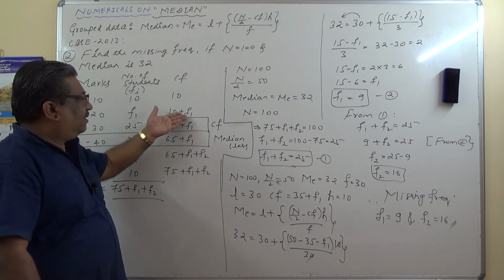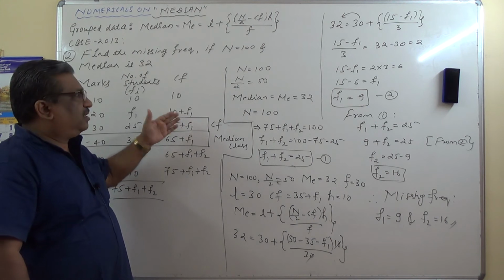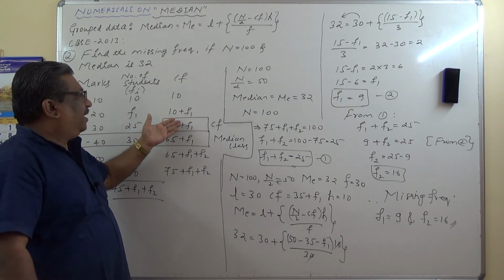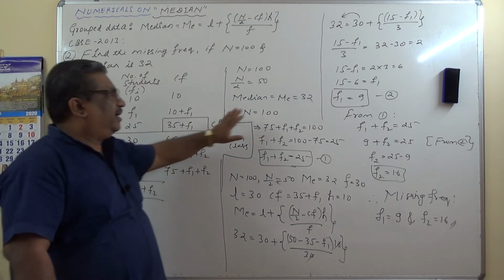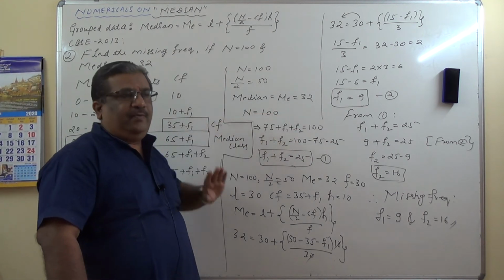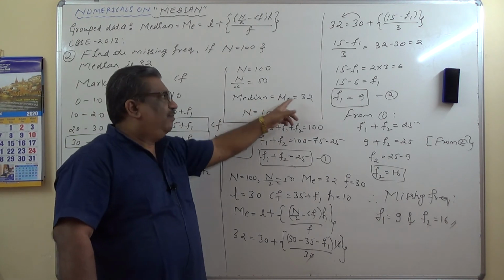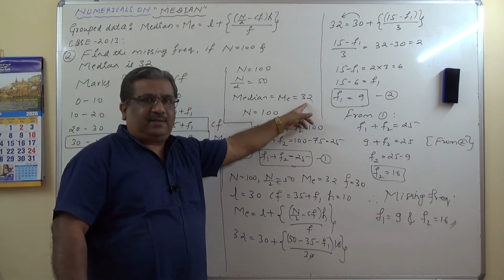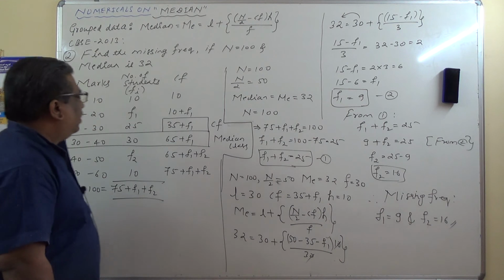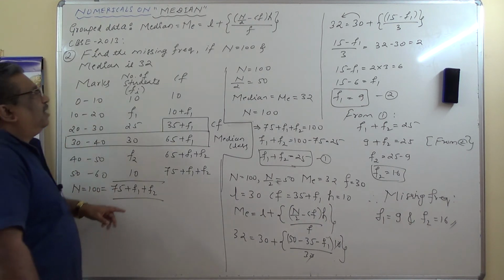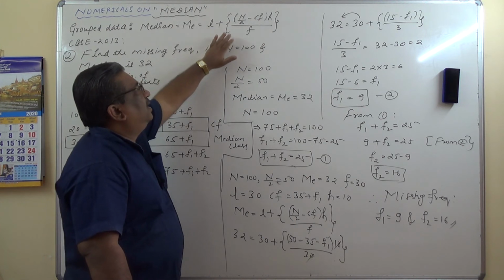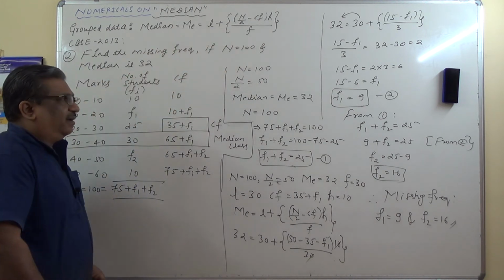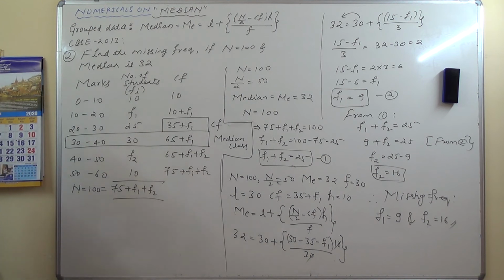Say here itself F1 sometimes can take such a value which is greater than 50. In that case, this itself will become the median class, and hence in order to identify the median class, we must know the median, because the median must lie in the median class. So based on the given information, we can look at the median class and populate all the values of the other parameters that are required to calculate the median. So make a note of this.